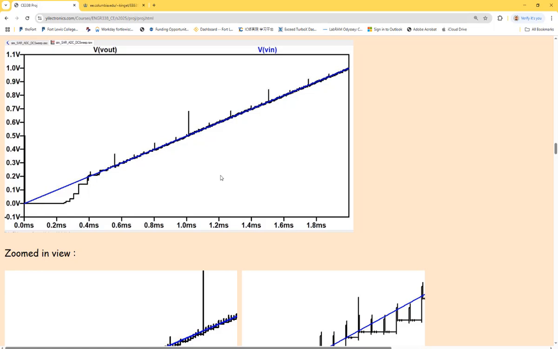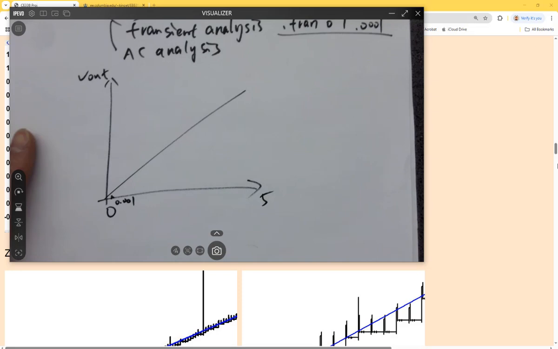Okay, run transient analysis like this. So how can I form a straight line like this linearly? Remember the pulses.